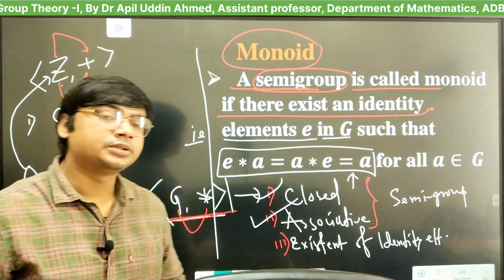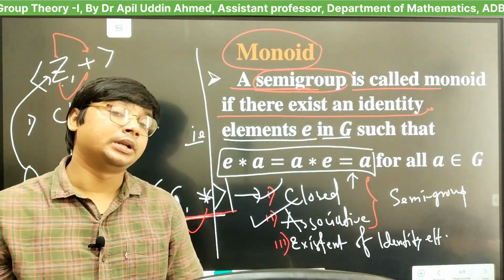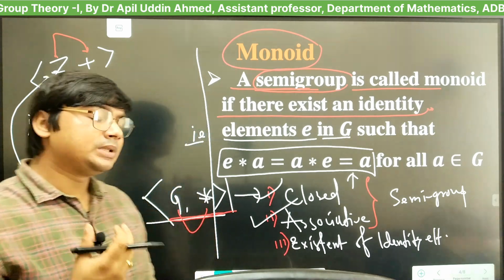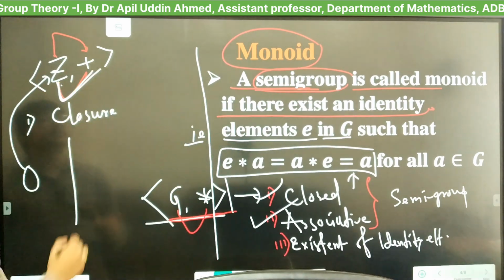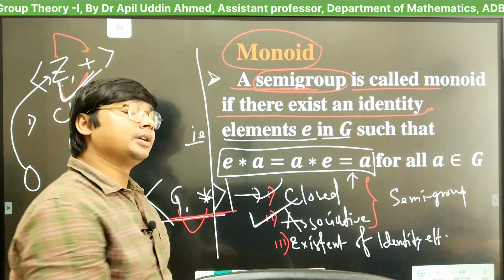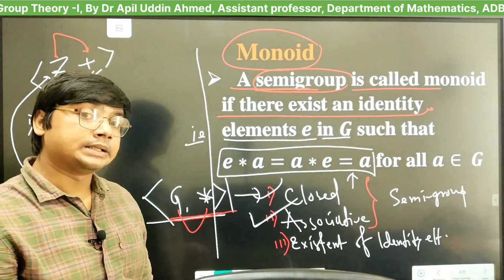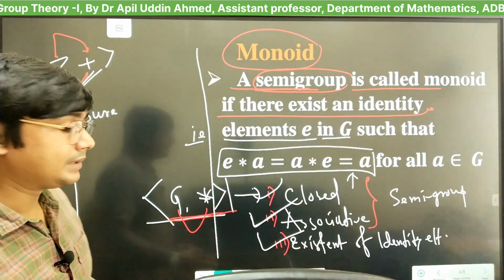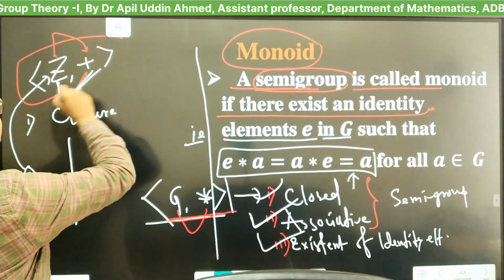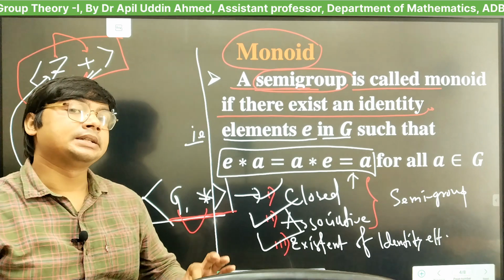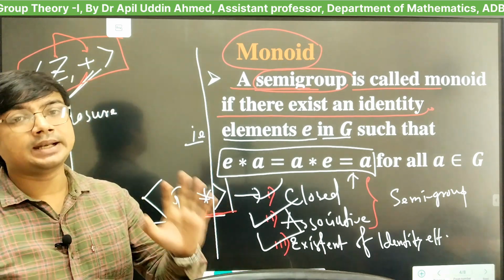Obviously it is, because the set of integers contains 0, since 0 is an integer. So the set of integers is closed with respect to addition, satisfies the associative property, and also has the identity element 0. That means this is a monoid. We can say the set of integers is a monoid with respect to addition.